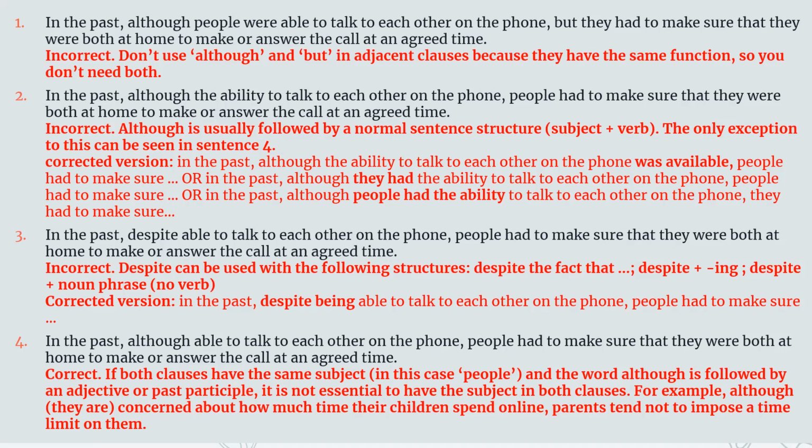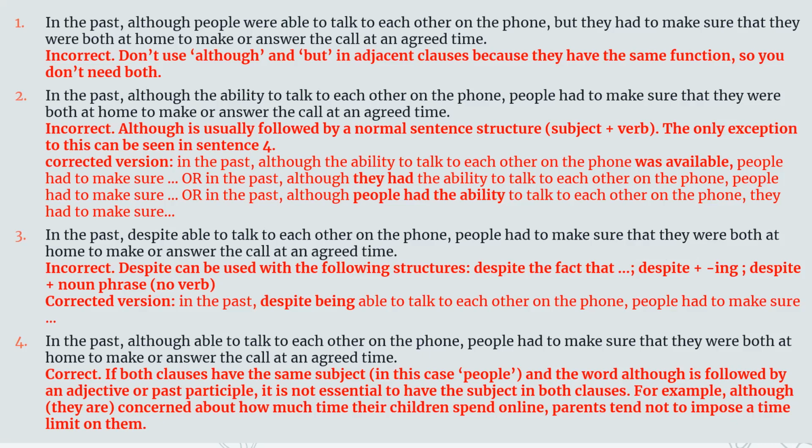2, in the past, although the ability to talk to each other on the phone, people had to make sure that they were both at home to make or answer the call at an agreed time. It's incorrect, because although is usually followed by a normal sentence structure, subject and verb. The only exception is in sentence 4 anyway.